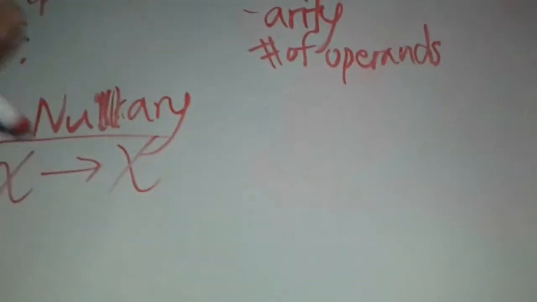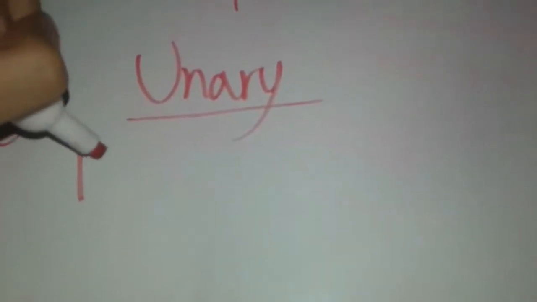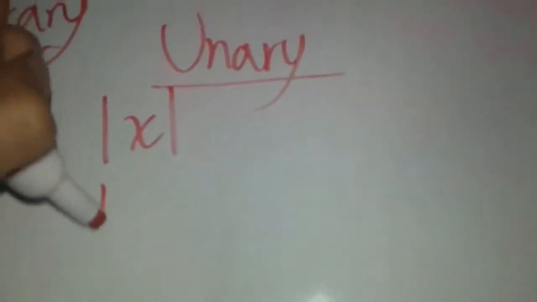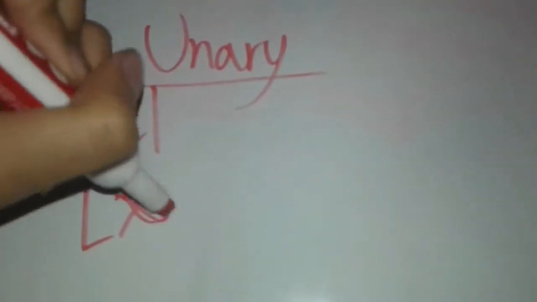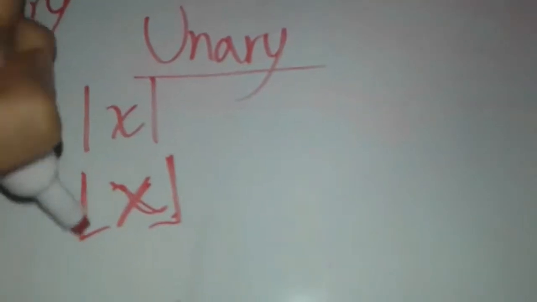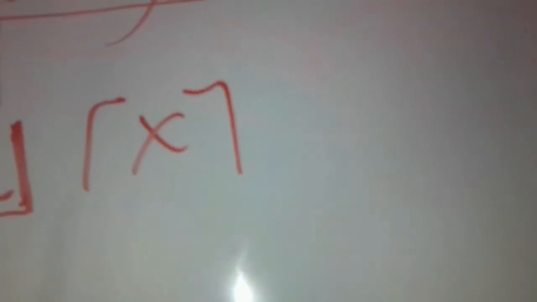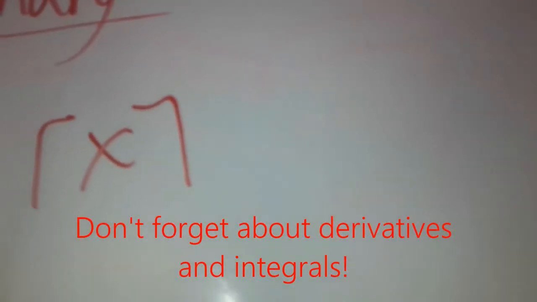For unary operations, you have the classic absolute value of x, the floor function, which gives the integer below a certain value, and the ceiling function, which gives the integer above a certain value. You just have to look them up for now.